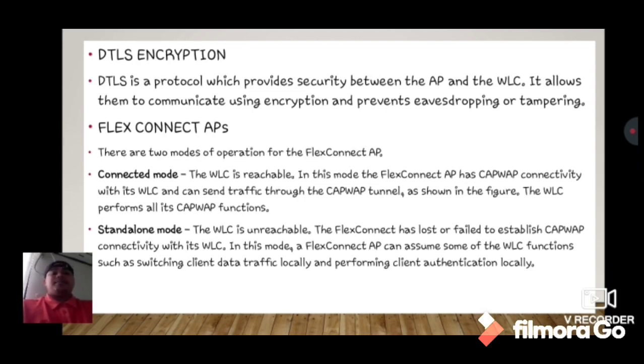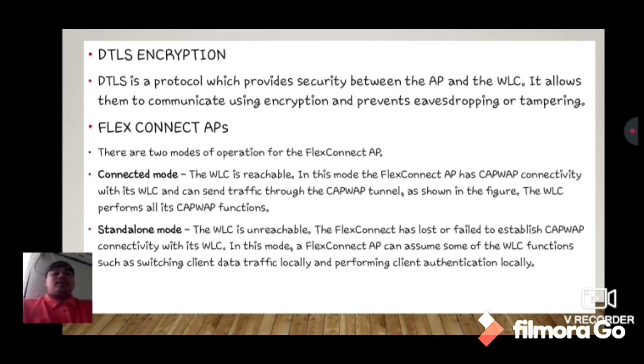FlexConnect APs. There are two modes of operation for the FlexConnect AP. Connected mode: the WLC is reachable. In this mode, the FlexConnect AP has CAPWAP connectivity with its WLC and can send traffic through the CAPWAP tunnel. As shown, the WLC performs all its CAPWAP functions.